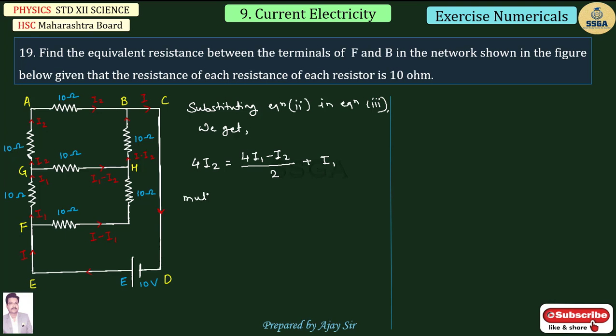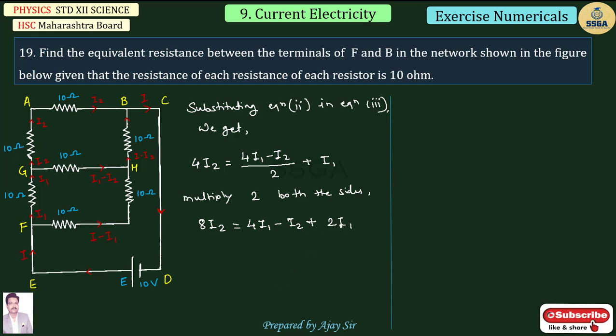Multiplying both the sides by 2, on the left hand side this becomes 8 into I2, which is equal to, this 2 and that 2 get cancelled, 4I1 minus I2 plus, on the right hand side, twice I1.